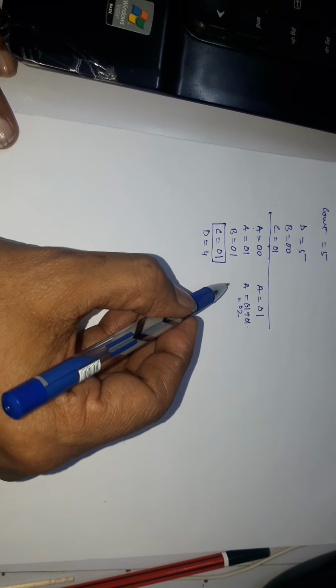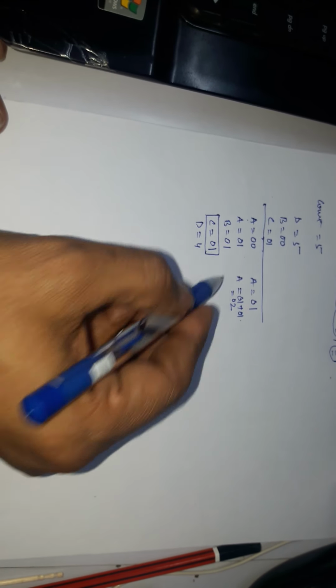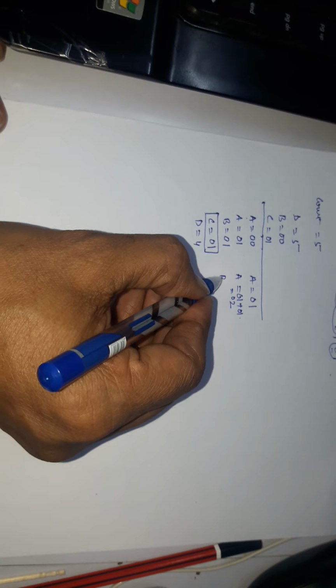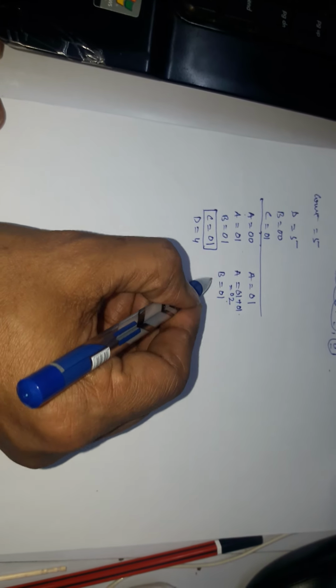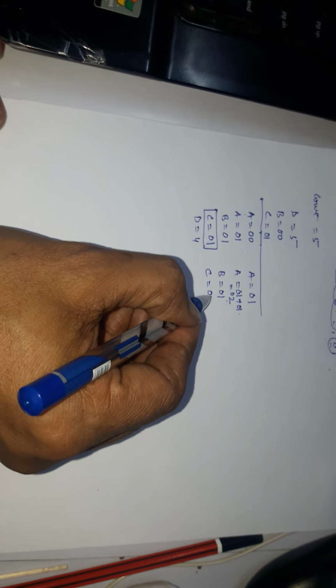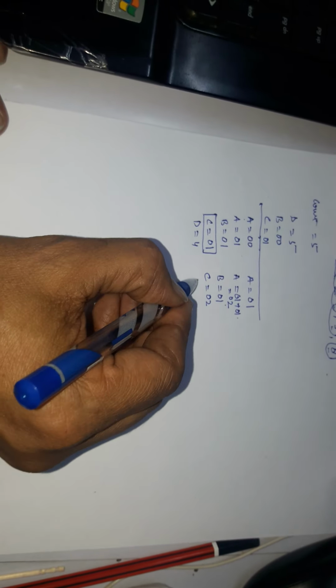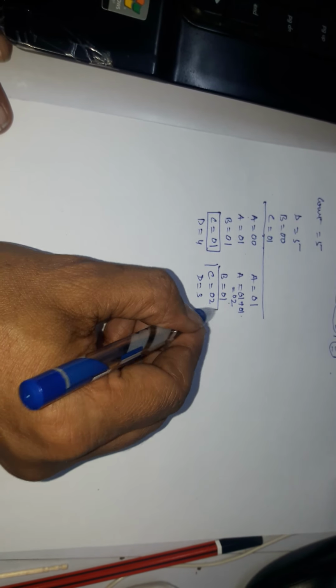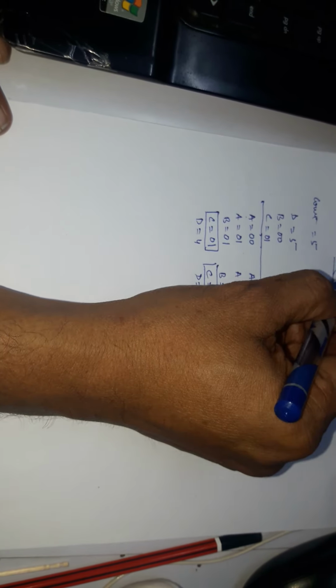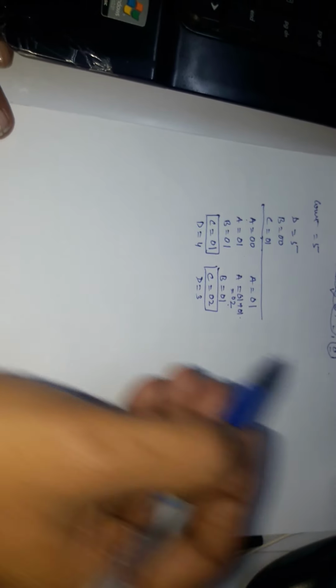Now whatever the current value was in C, we shift this value into the B register, and the new current value, that is 2, we copy into the C register. After that D will become 3. So this is the second value; we got the first and then we get the second value.